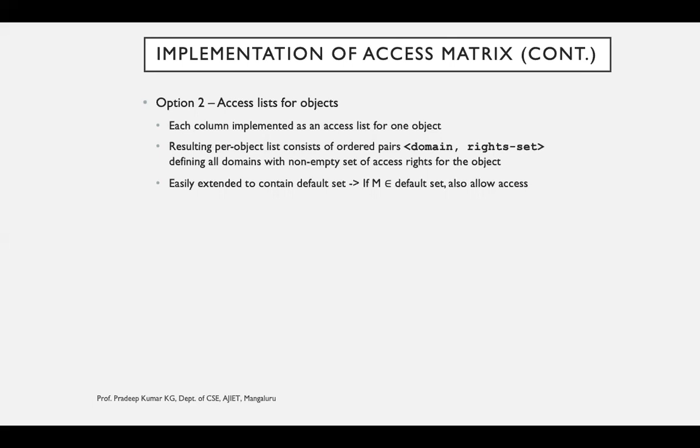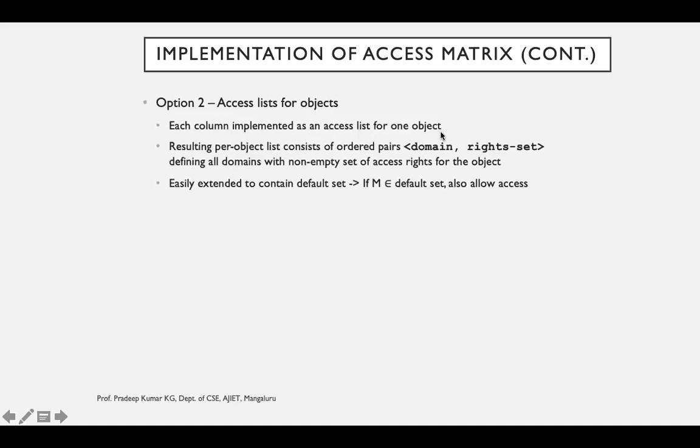The ordered list should consist of ordered pairs, in which the first one should be the domain and the second should be the rights set. We'll see that. Now with respect to access list, each column is implemented as an access list for one object.